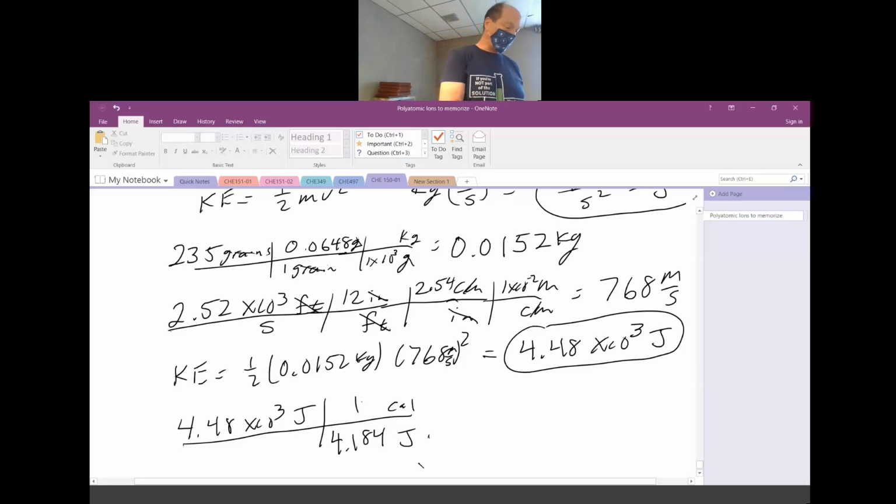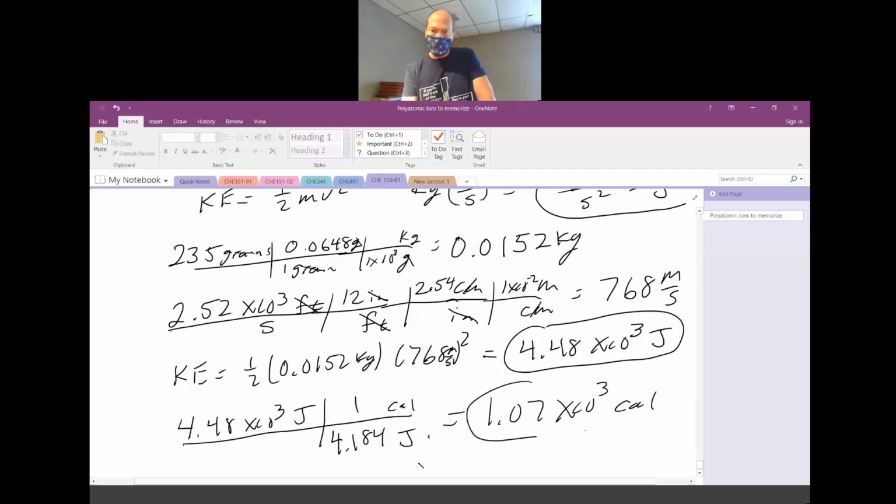And so we have to then divide this by 4.184, and we get 1.07 times 10 to the third calories.